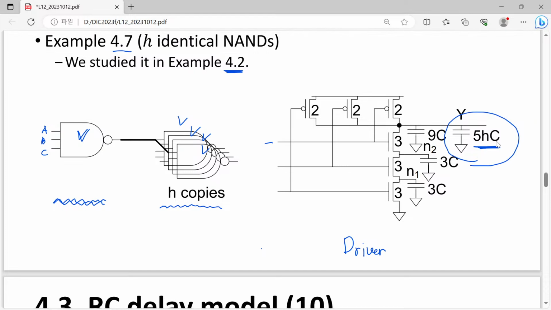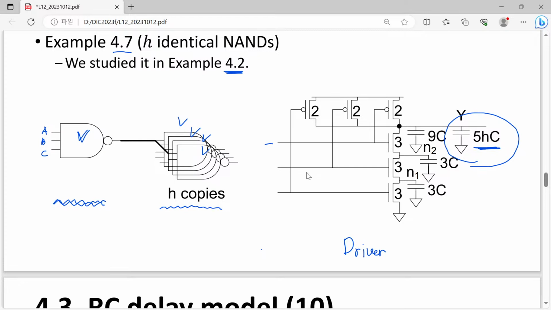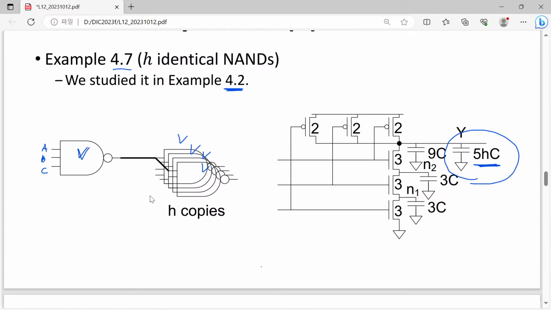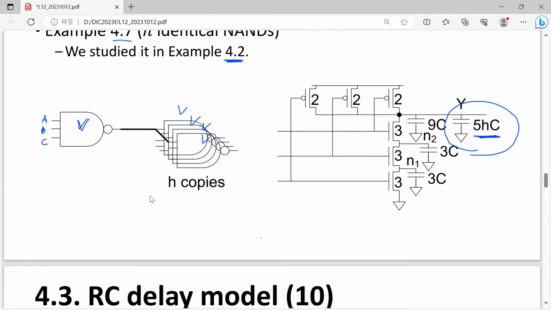Then let's now calculate the propagation delay. Up to now we have always thought about the falling phase, output falling phase.